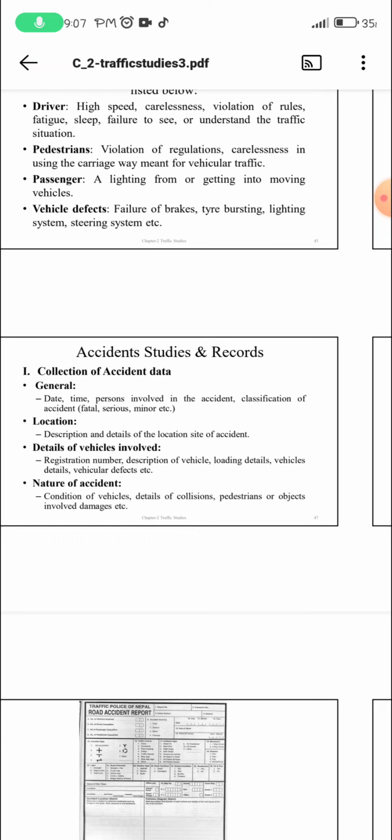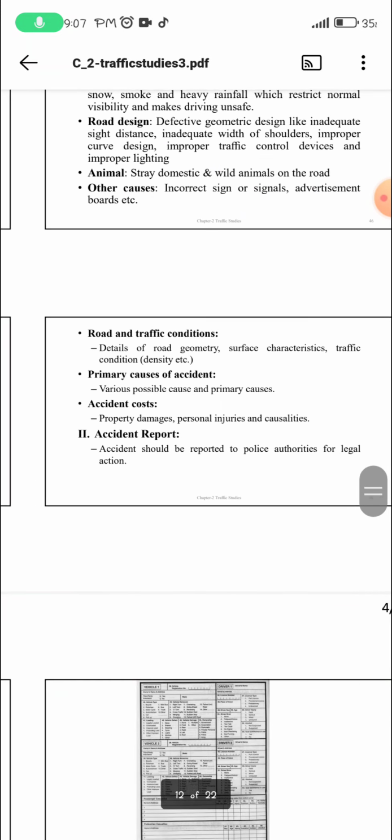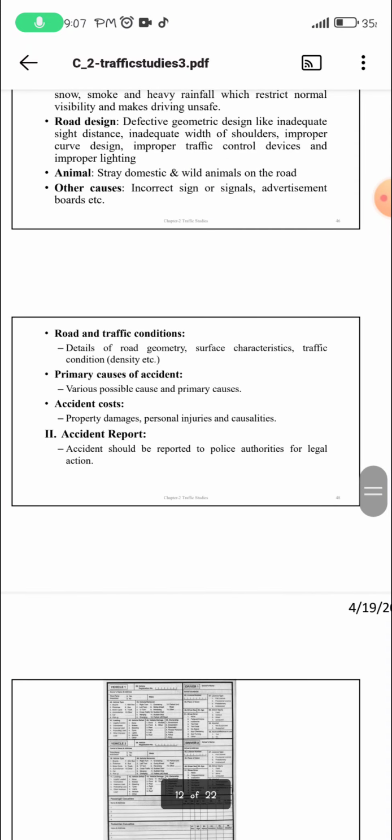Registration number, description of vehicle, loading details, vehicle details, vehicular defects, etc. Nature of accident: condition of vehicle, details of collision, pedestrians or objects involved, damages. Road and traffic conditions: details of road geometry, surface characteristics, traffic condition, density, etc. Primary causes of accident: various possible causes and the primary cause. Accident cost: property damage, personal injuries, and casualties.